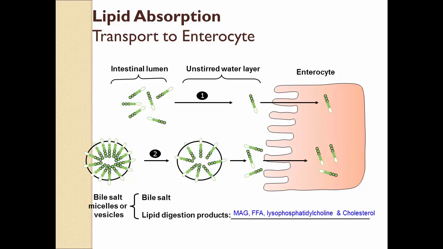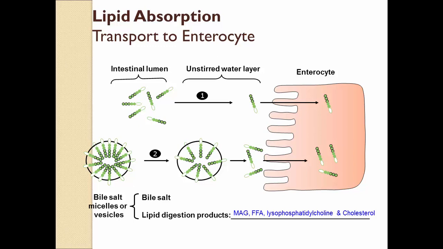Because of this unstirred water layer, lipids are kind of prevented from penetrating through the water layer into the enterocytes. So free lipids without any facilitation of vesicles are not able to be absorbed efficiently into the enterocytes, right? But our body is able to secrete bile acid, remember?